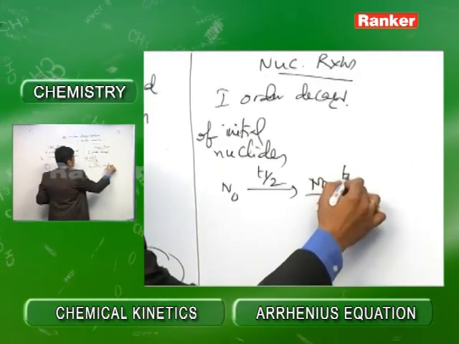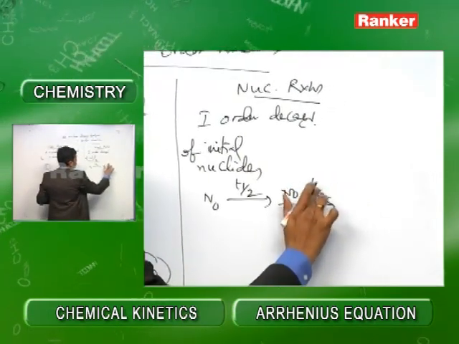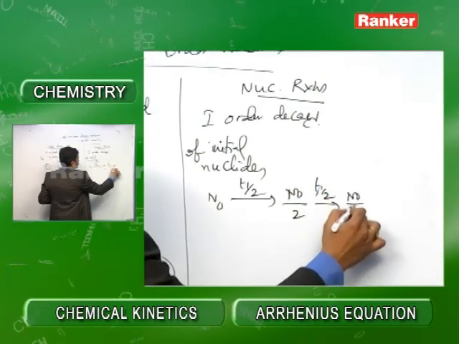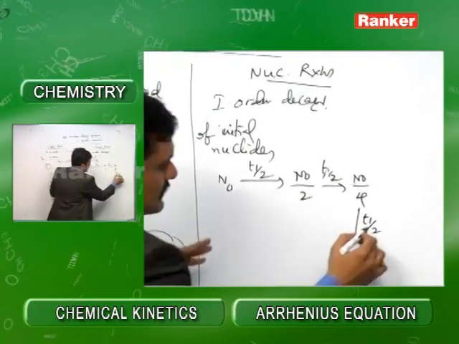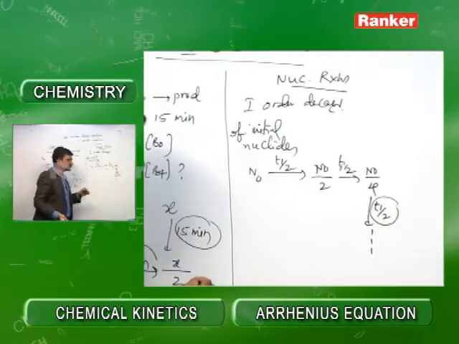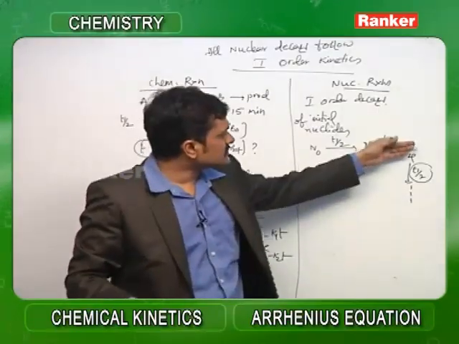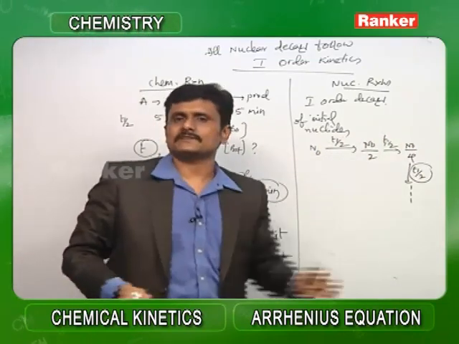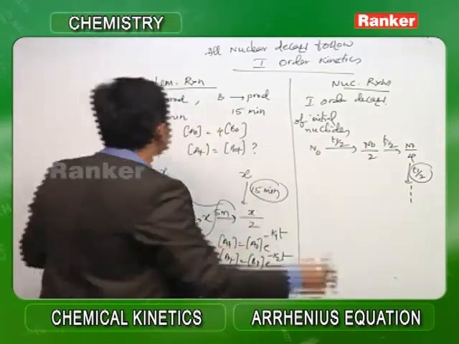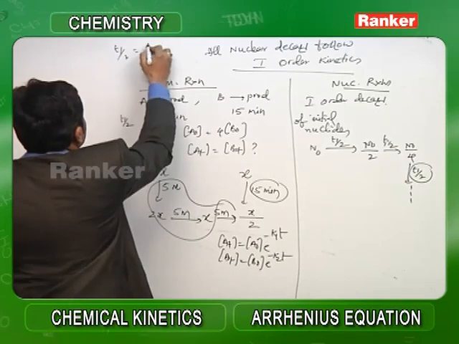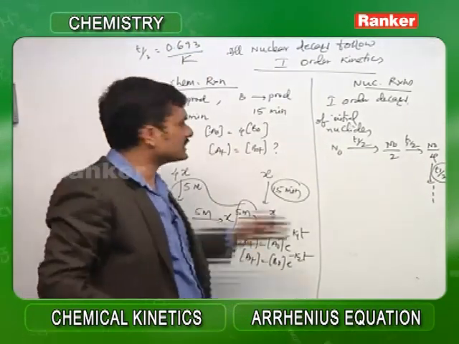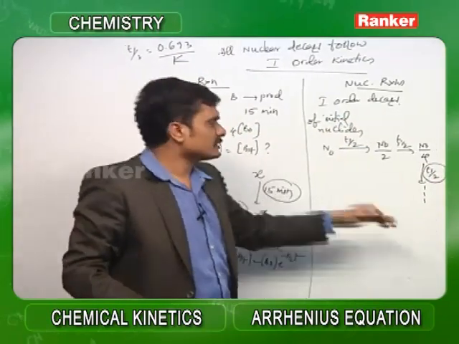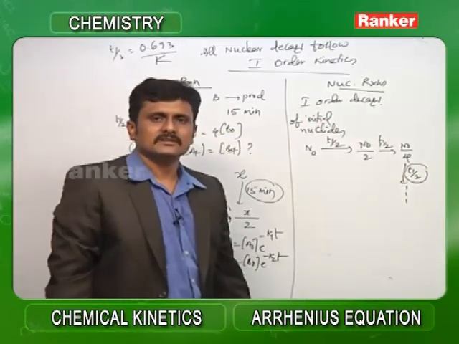After another half-life it will become N naught by 4, and so on, because the half-life period is independent of the initial number of nuclides in a first order reaction. You saw yesterday that we derived that the half-life is a constant value. So it keeps on halving with each half-life period.